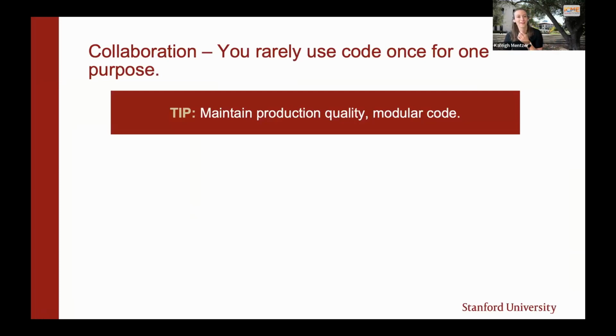One quick thing, and then I will hop over to Q&A for a moment. This is benign advice to some extent, but I think it's really important. When you're collaborating with somebody, you're rarely going to use code just once. So I would really, really highly recommend maintaining production quality modular code.